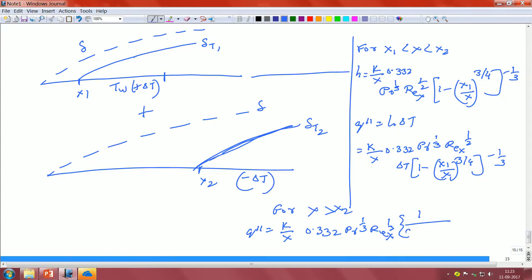So it is 1 minus (x1 by x) to the power of 3/4, to the power of 1/3, minus 1 minus (x2 by x) to the power of 3/4, raised to the power of 1/3.